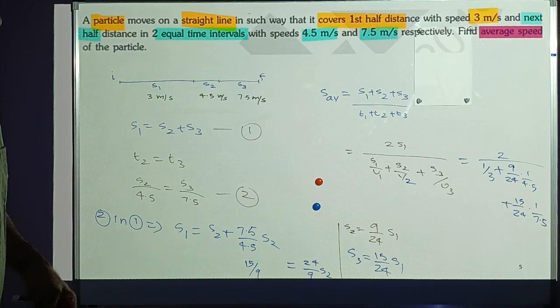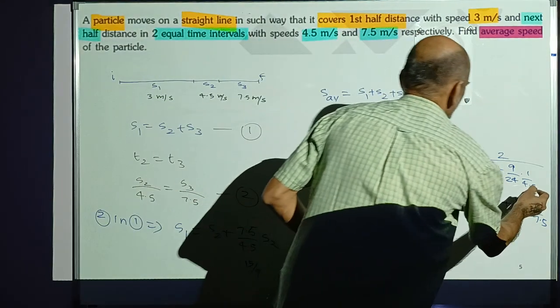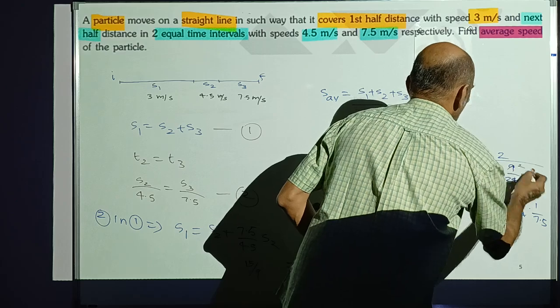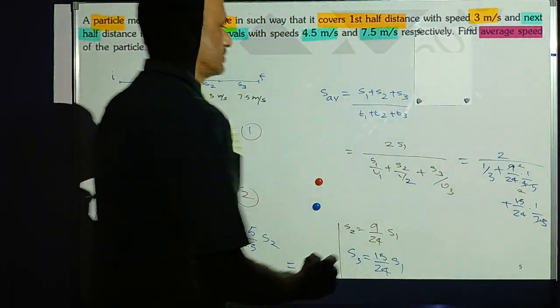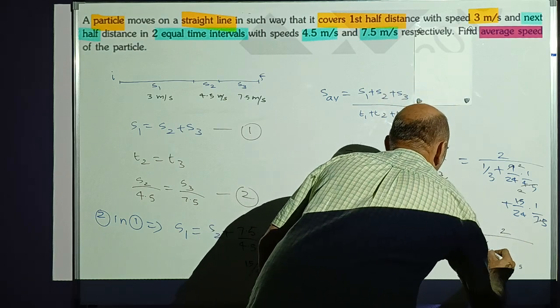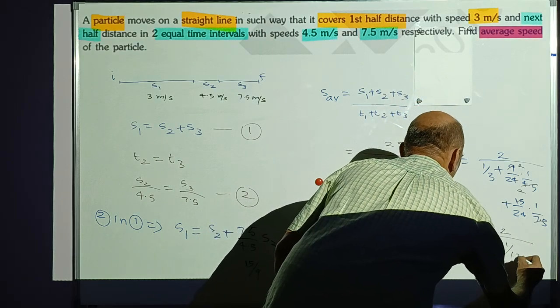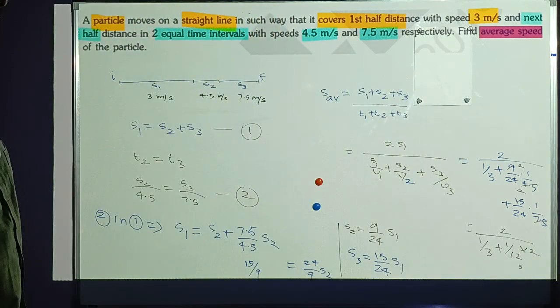S1 will cancel. This is a simple calculation. This goes 2 times, this is also 2 times. So 1 by 12. So 2 divided by 1 by 3 plus 1 by 12 twice. Second term and third term both are 1 by 12, which is 1 by 6.